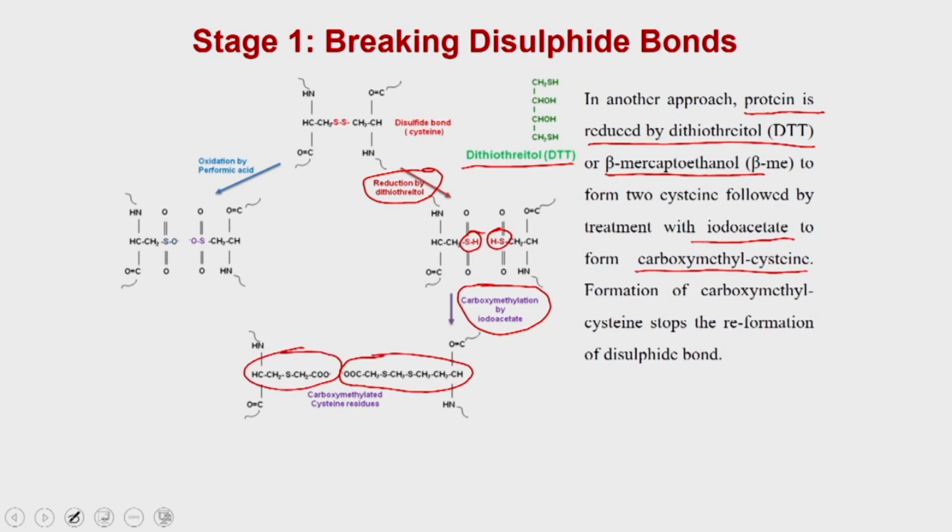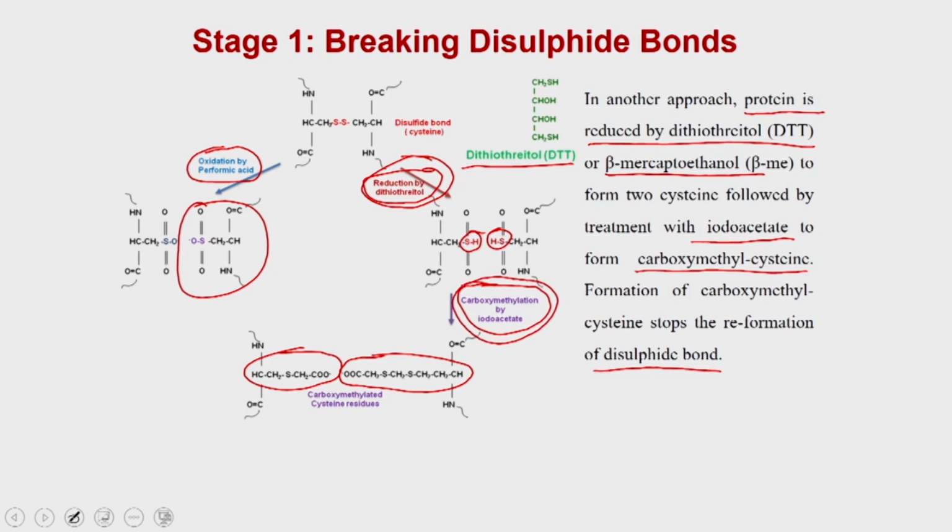Then these two molecules will not come together and will not form the disulfide bonds. So, these are the two approaches you can use to break the disulfide linkages. In approach 1, you use performic acid, which gives you the cysteic acid, and in approach 2, you do the reduction with DTT or beta mercaptoethanol, followed by the reaction with iodoacetamide.